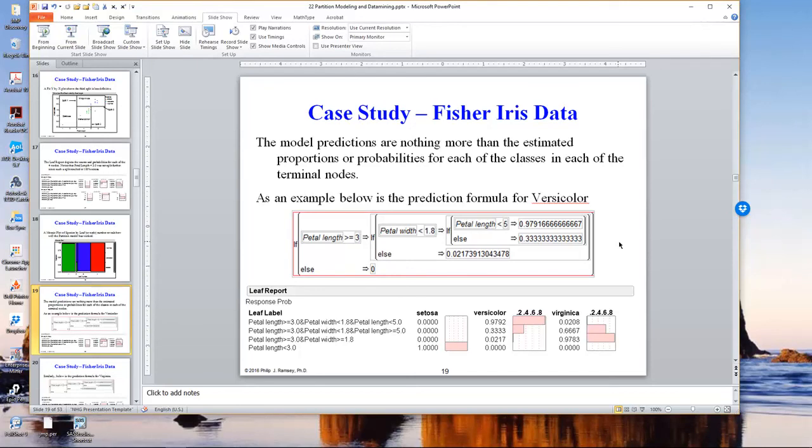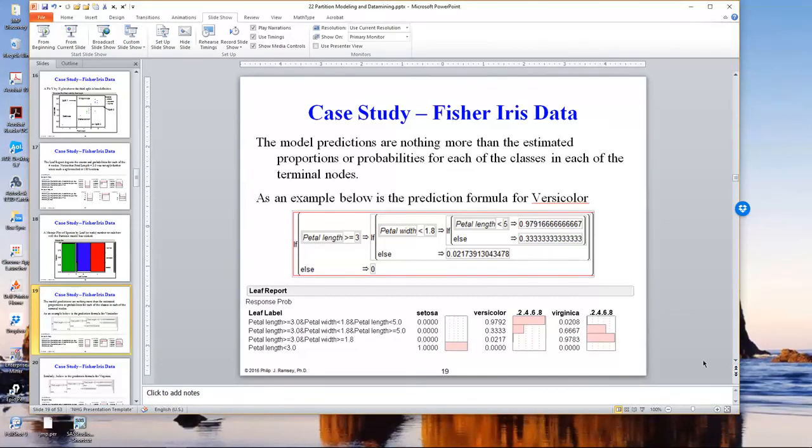Okay, so here's an example for versicolor. If the petal length is greater than or equal to 3, if the petal width is less than or equal to 1.8, and then if the petal length is then less than 5, the probability it's a versicolor is 0.98. Therefore, we just go ahead and we classify it as 0.98.